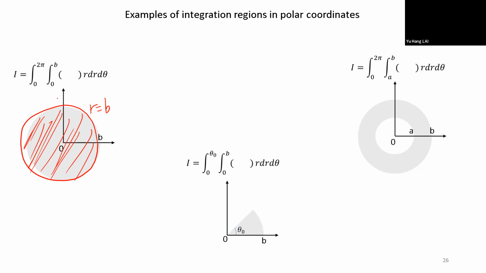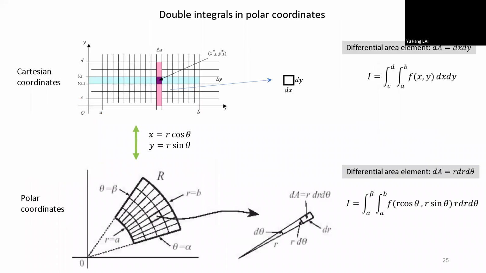So that's why your lower limit is from 0 all the way to b. Now what about the theta limit? If you go back to this picture here, if I consider from theta equals alpha to theta equals beta, I'm considering the region bounded by these two lines, this line and this line.